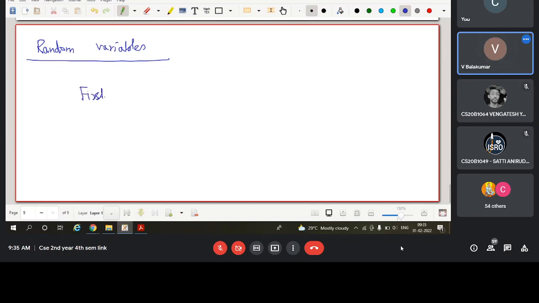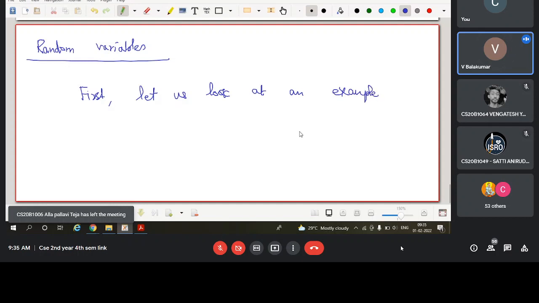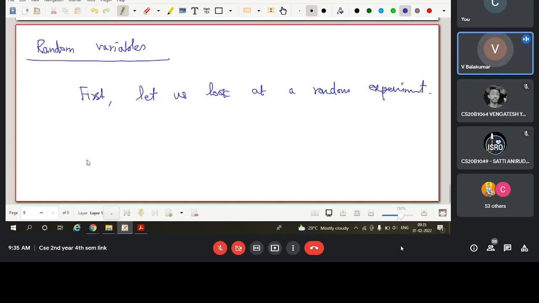First, let us look at an experiment, a random experiment. Then we shall come back to define, apply, and utilize these random variables, what they are.